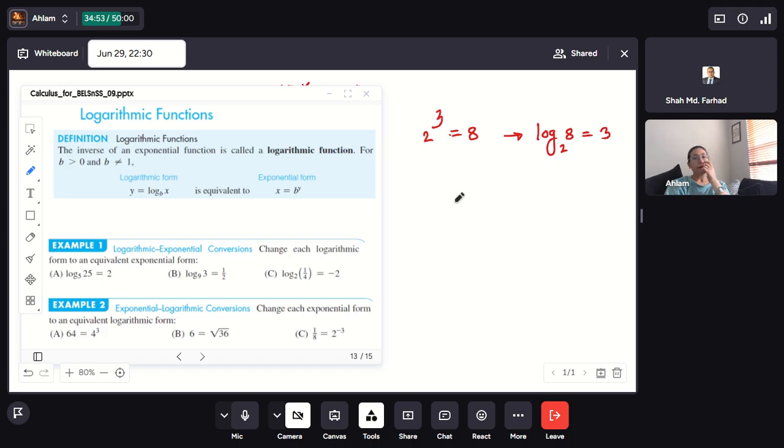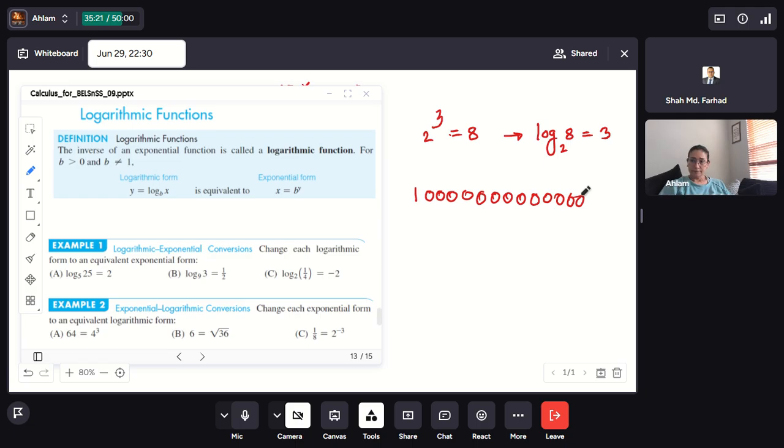Basically, the concept of logarithm came to express a large number as a smaller one. For example, this one looks like a big number, right?